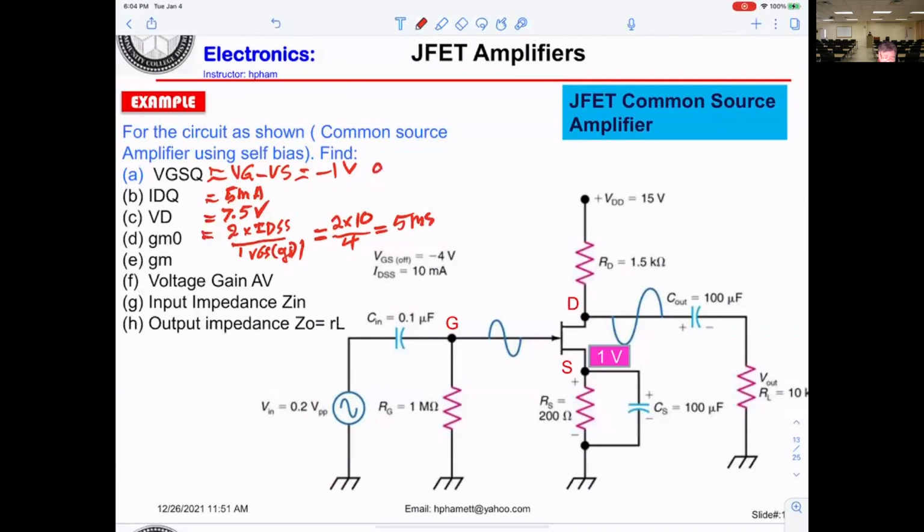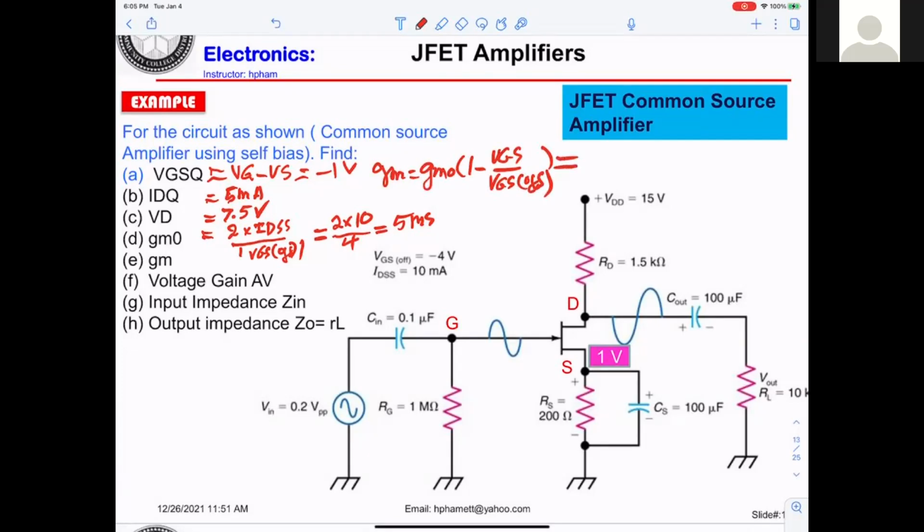Okay, and GM. GM0. Okay, tell me what you get. -1 divided by 4. VGS we already calculated equal minus 1 volt.